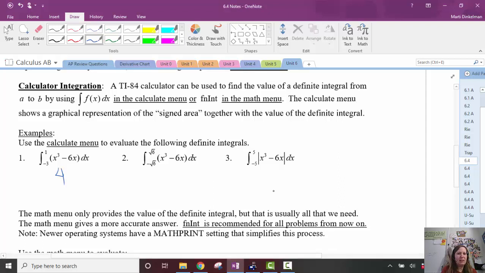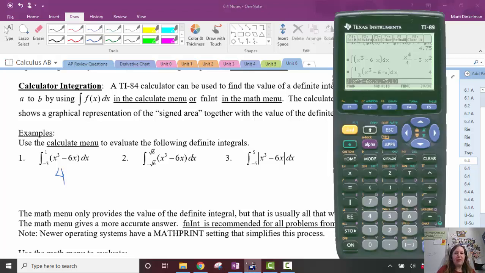It's really nice that the new 84s have that pretty print. If you don't have one of the new 84s, it's a similar process to what I did with the 89. You just have to find that fnInt, and then it's going to look a lot like this line where you type in the function and then comma x and then the two limits.